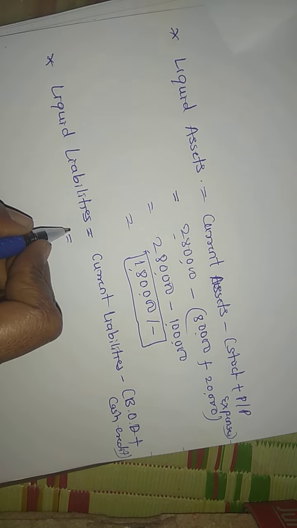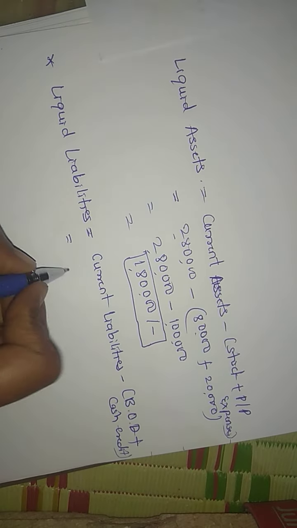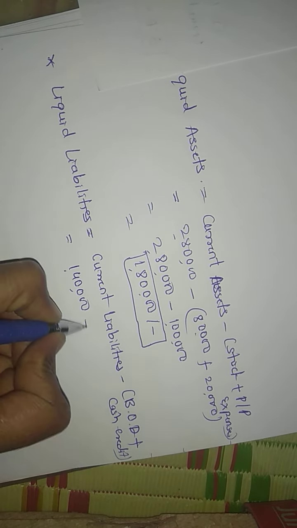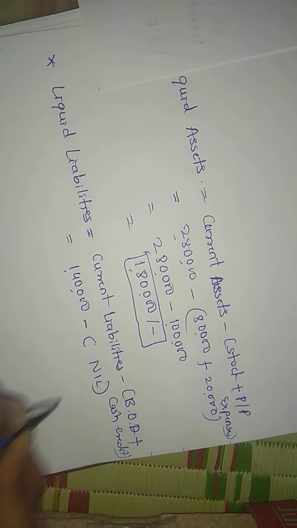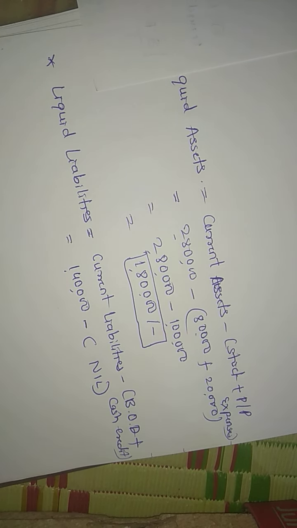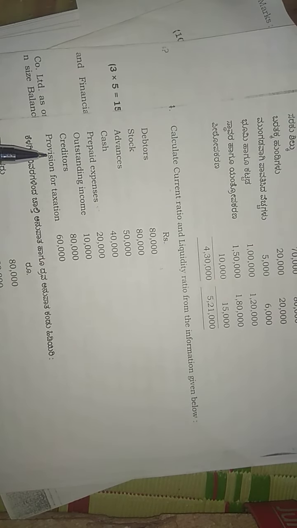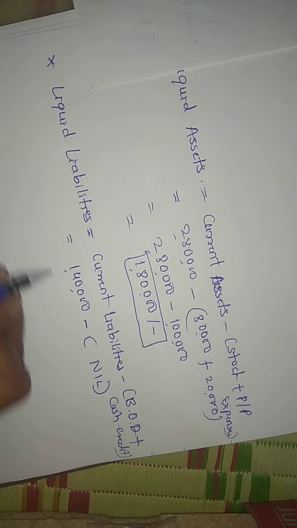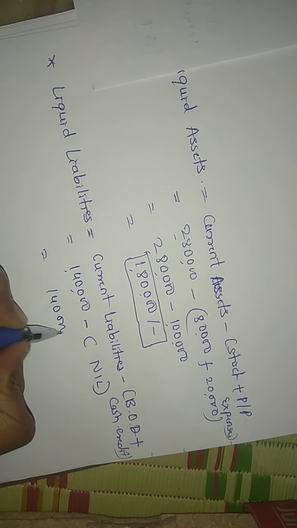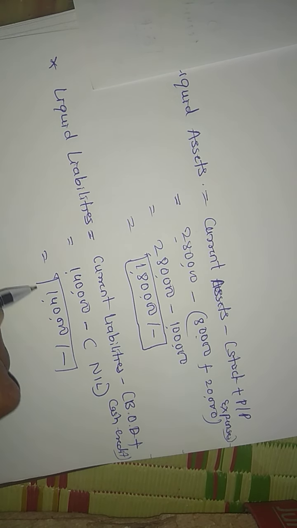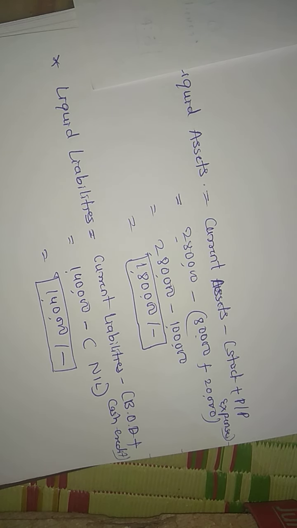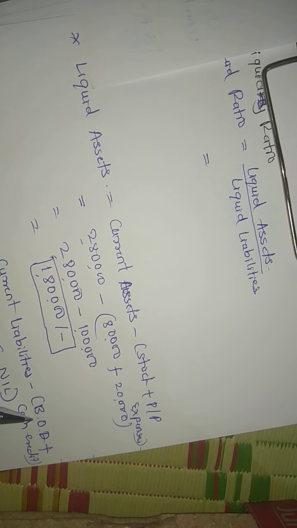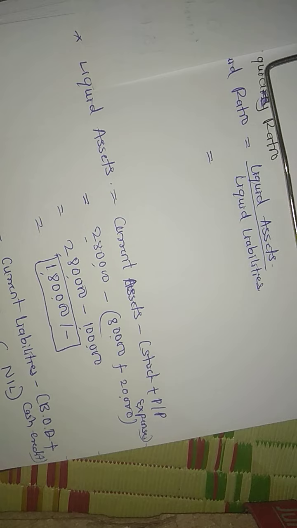The amount of current liabilities is 1,40,000. 1,40,000 minus, in this question they have not given information about the bank overdraft and cash credit. You can see the question, there is no bank overdraft and cash credit, that is why we put nil. Then the liquid liabilities amount is 1,40,000, equal to current liabilities, because this question does not include bank overdraft and cash credit.